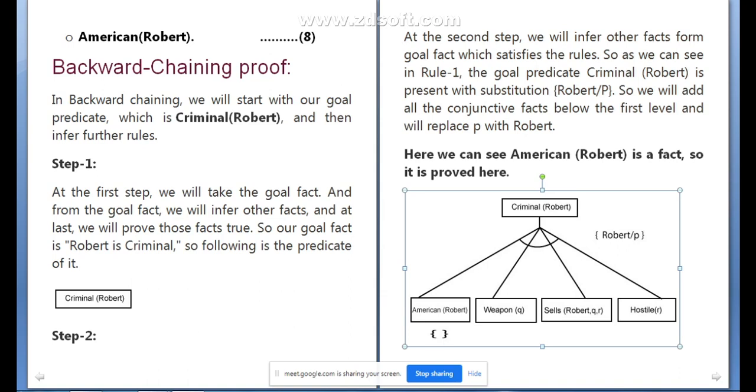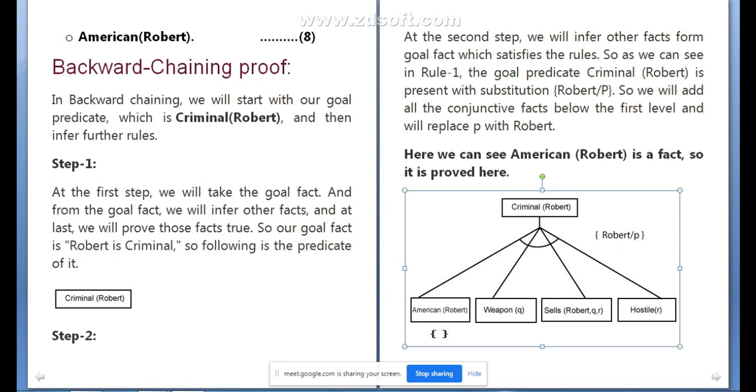So we have to prove that the robot is a criminal. We try to infer the different facts and rules, and at the end we prove that those facts are true. So our goal fact is: robot is criminal. We will start from there and infer step by step from it.